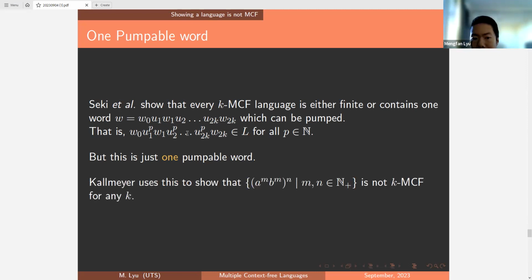And using this pumping lemma, we can show that this language is not k-multiple context free. The proof is kind of complicated, and I don't think I have enough time to talk about it, but we can do this using this one-word pumpable lemma.